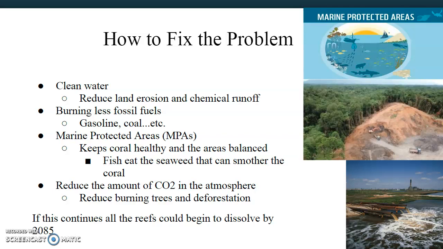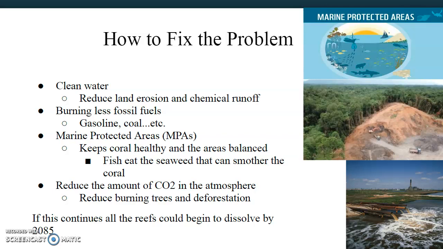If we can reduce the amount of chemicals running into there, that reduces the amount of dead zones. So there's less algae bloom growing. Reduce the amount of land erosion, there's less sediment that's going to be carried over and actually covering up that coral. Another one is burning less fossil fuels. That's just more pollution, more CO2 that's going into the air.